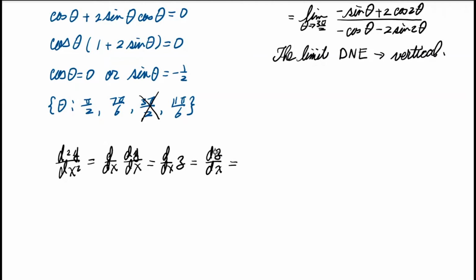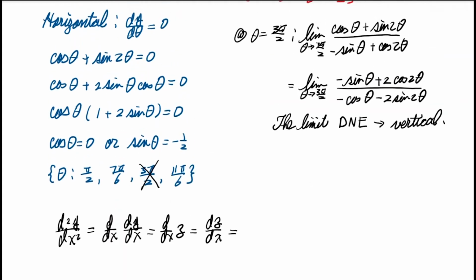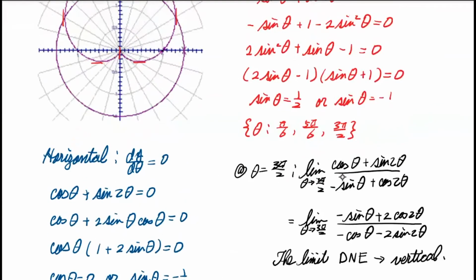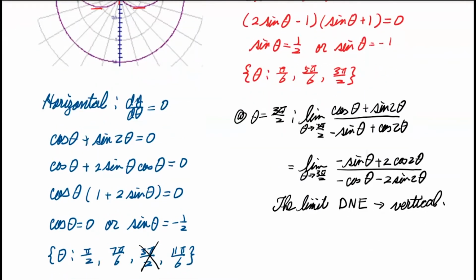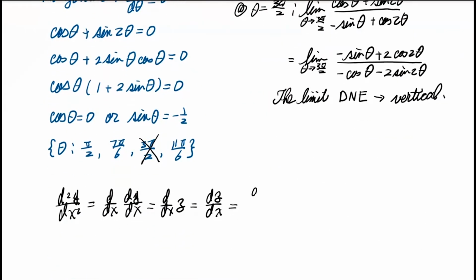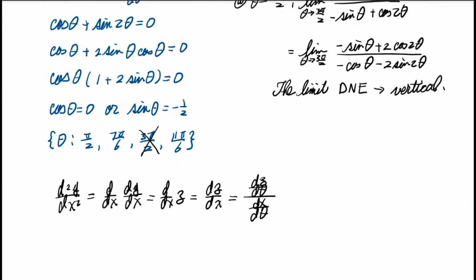And we can play this game, this z. What we mean by z is this thingy, dy over dx. Then this thing is back to dz over d theta over dx over d theta. That's the theory here. You get it?